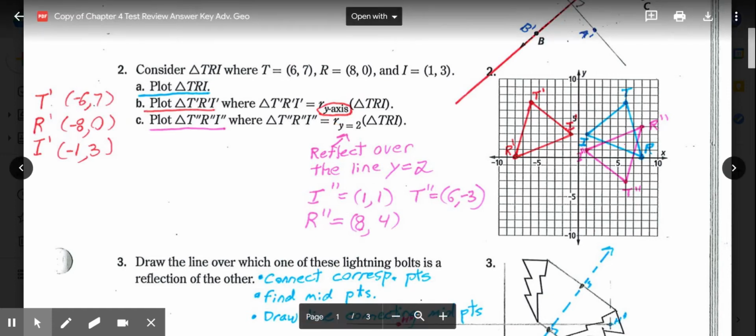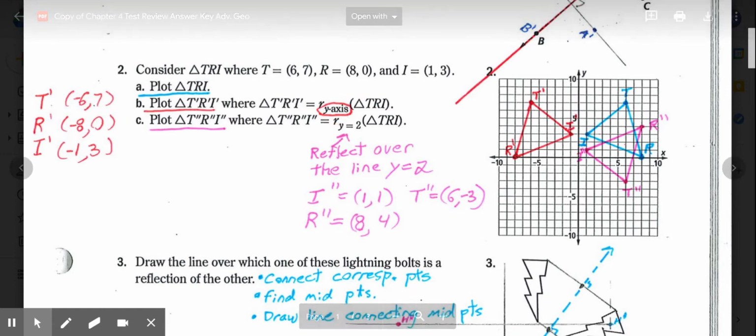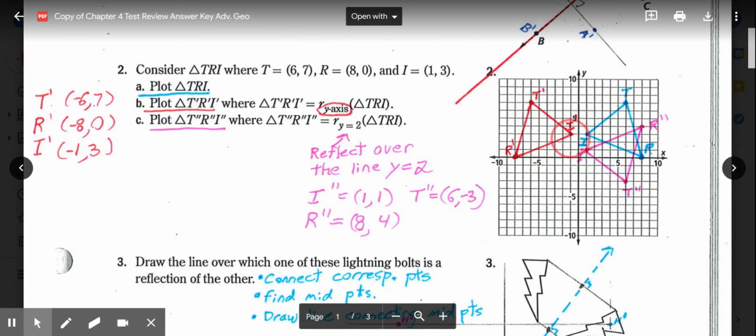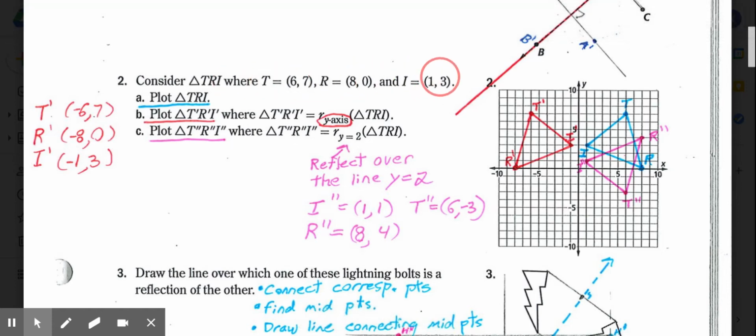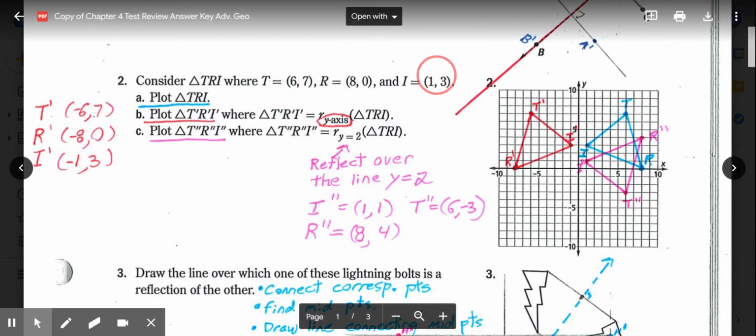T prime, R prime, and I prime are part of this red triangle over here. Their coordinates would be negative 6, 7, negative 8, 0, and negative 1, 3, because you take the original coordinates and change the sign of the x value to flip over the y-axis.